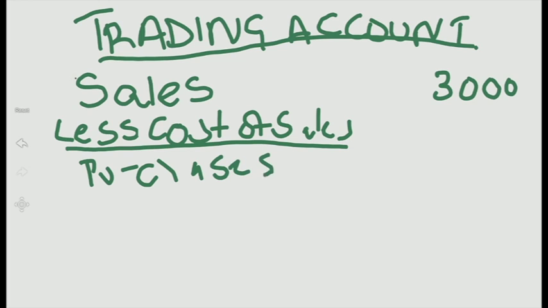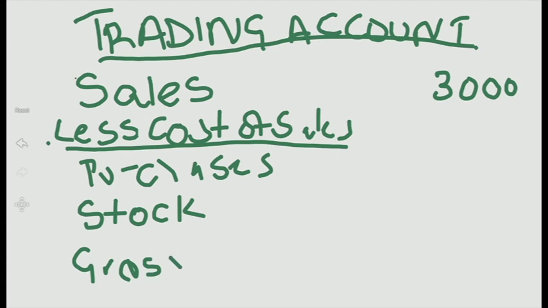It's comprised of what? Of stock. The stock could be opening stock, and there is also the closing stock. And this is going to give us our gross profit.